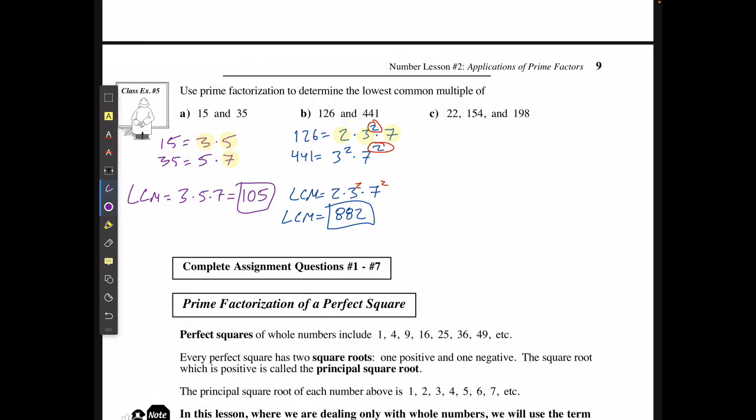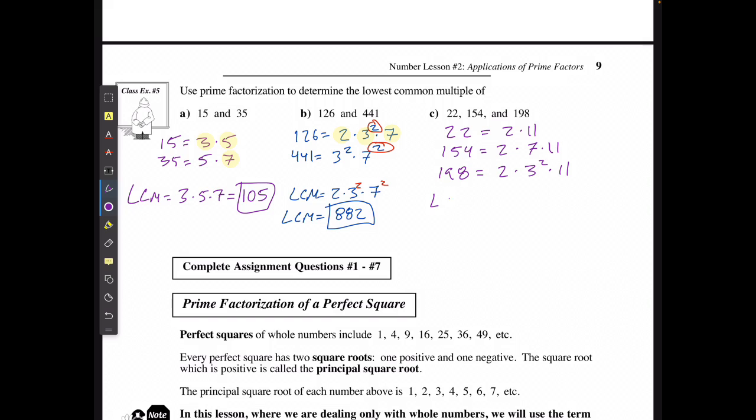Doing the same thing for C, 22 is the same as 2 to the power of 1 times 11 to the power of 1. 154 is the same as 2 to the power of 1 times 7 to the power of 1 times 11 to the power of 1. And 198 is the same as 2 to the power of 1 times 3 to the power of 2 times 11.